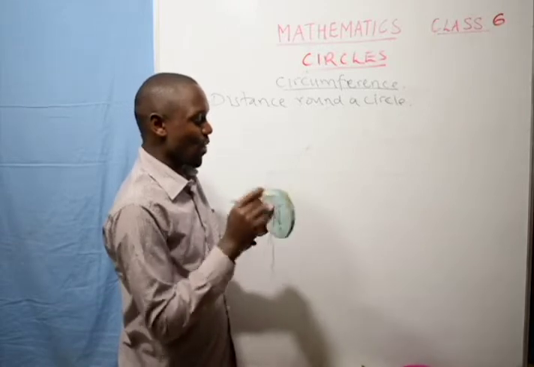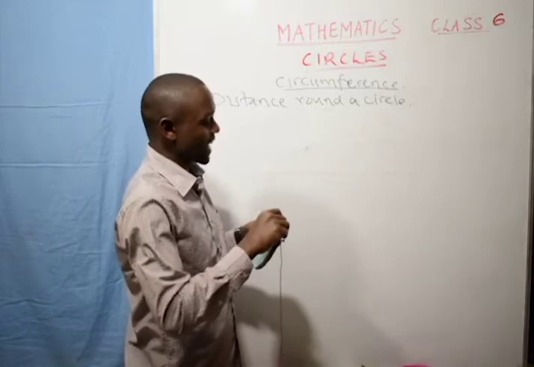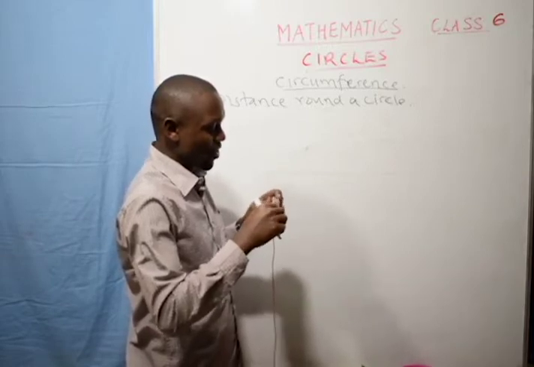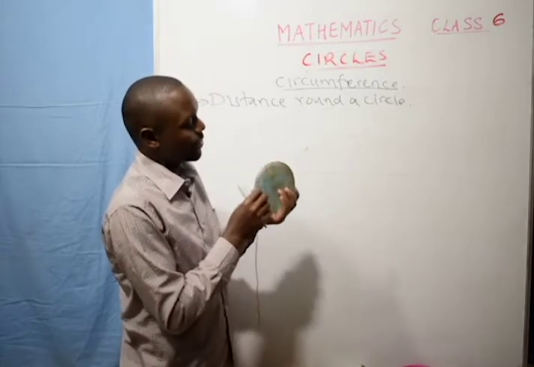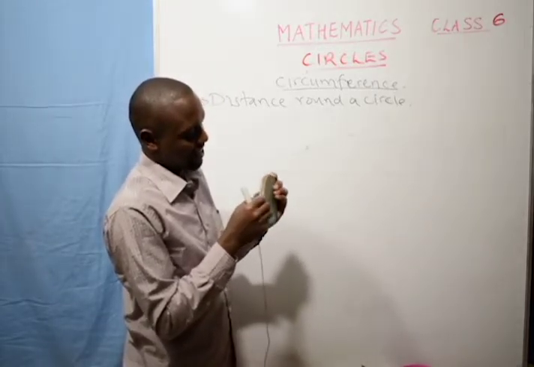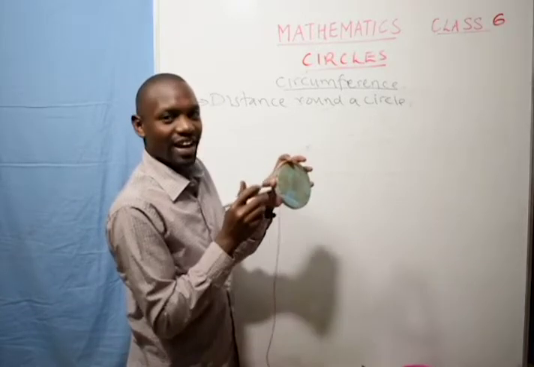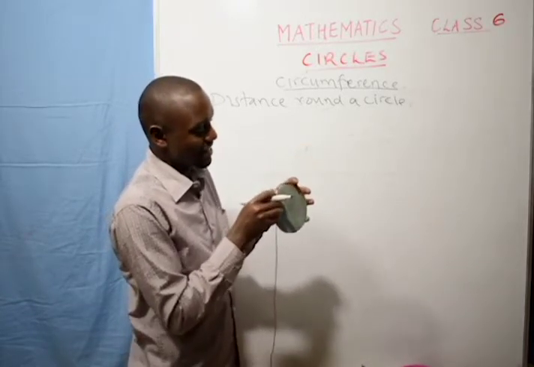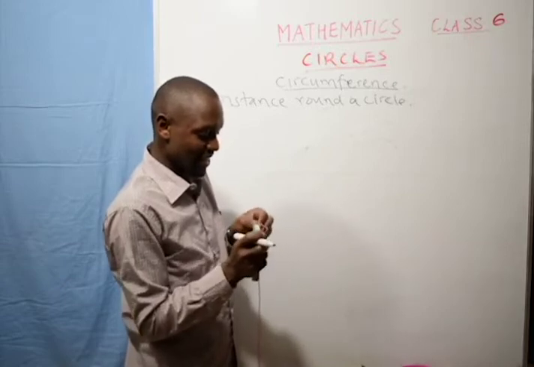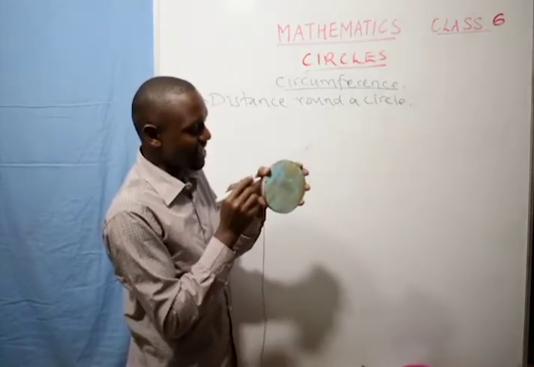So the diameter of this circle is up to this point here. Once we start from this point, we want to look how many times this string will go around. It will go up to there. That is the first part. Then the diameter comes again up to this other part here.